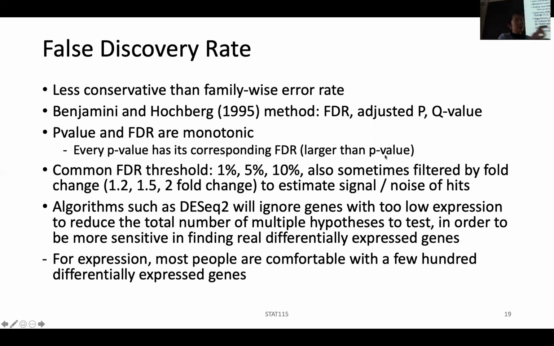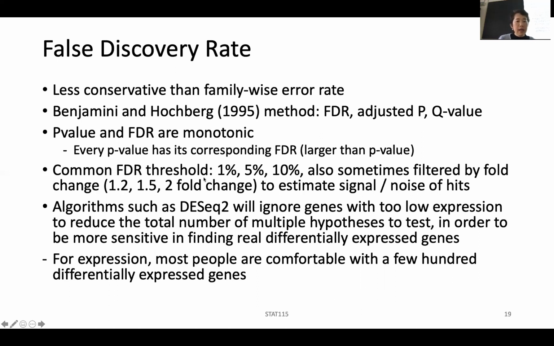So at the end of differential expression analysis, for each gene, based on the negative binomial distribution, you will get a p-value. And by looking at all of those p-values together, you will also estimate an FDR. And usually people take those FDR values. In order to report genes, some people take 1% FDR, some people take 5%, some people take 10%.